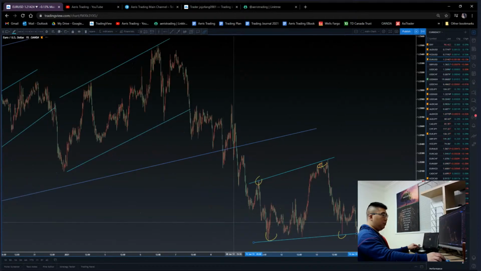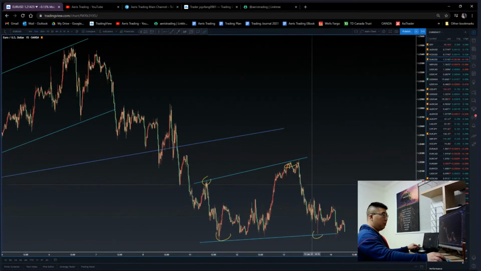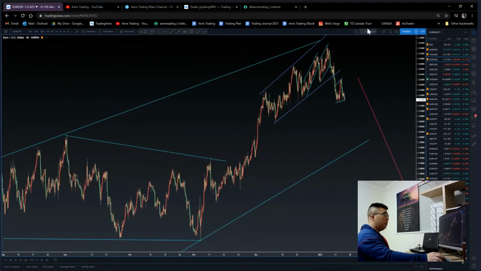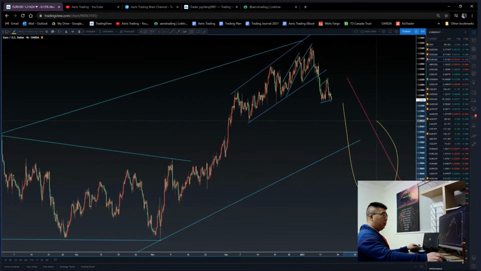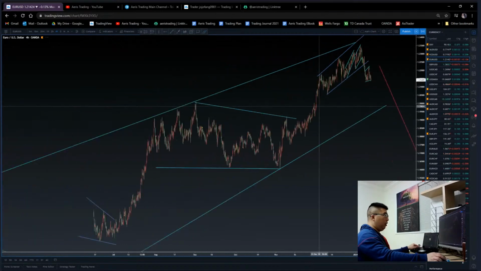Personally, I will wait to see what the price will do once it breaks out. I don't want to jump too quickly into these kinds of trades. I want to wait for a little bit of confluence, a little more confirmation from the price. Certainly I'm seeing downside, there's no question about that in terms of where the price has been.